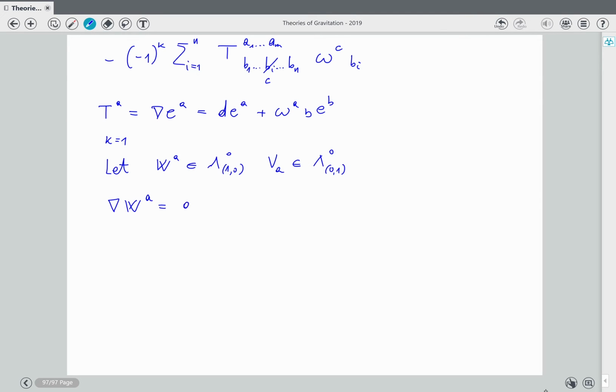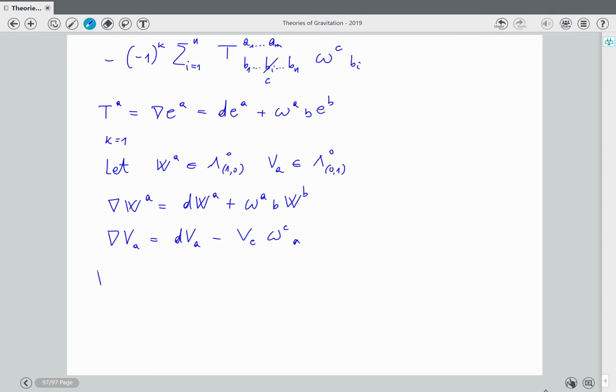For WA it is the same as above. But for V there is a minus sign. Minus because k is equal to 0. So minus 1 to the k is minus. So you have minus T, c, a.